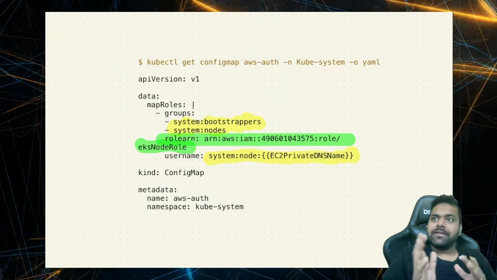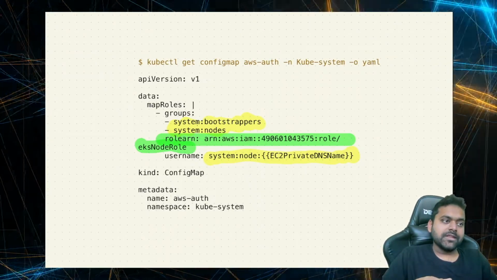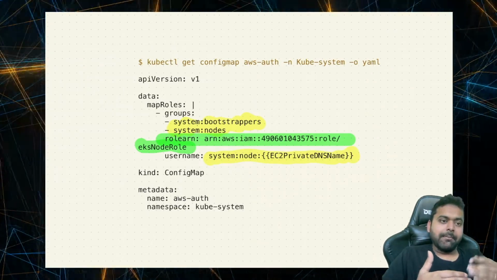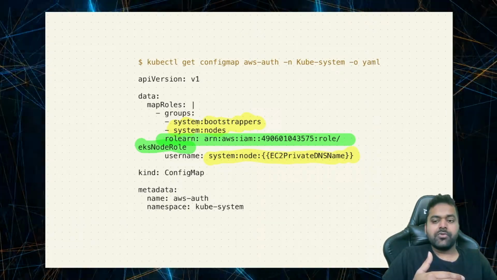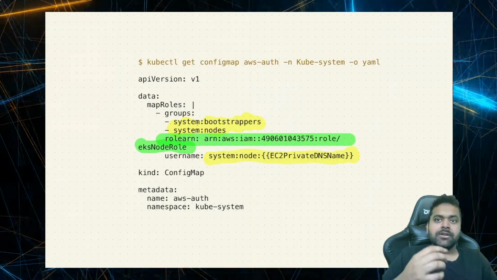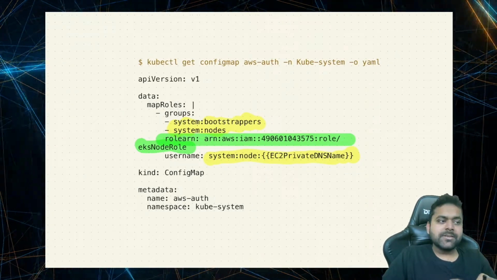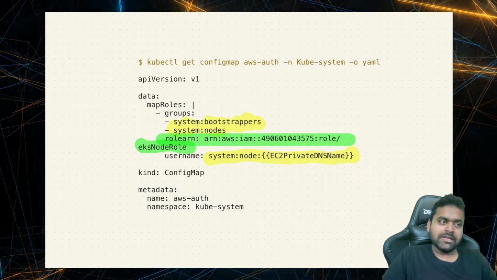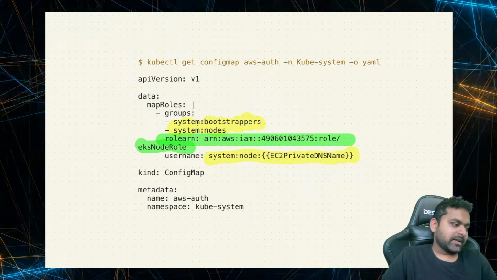So basically, any node which is trying to join the cluster needs to have this IAM role, and the mapping for that IAM role is these two Kubernetes groups which the node entity should be in, right? So this is the basic configuration which is by default there in the aws-auth config map when it is populated, right?